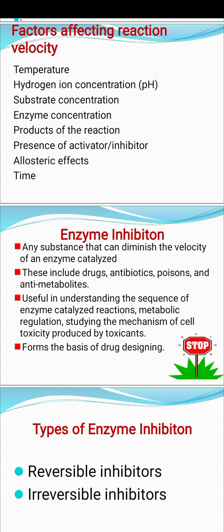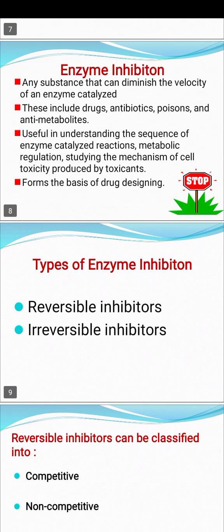Enzyme inhibition provides valuable information on the mechanism of enzyme catalysis, substrate specificity, and the nature of functional groups at the active site. These include drugs, antibiotics, poisons, and antimetabolites. They are useful in understanding the sequence of enzyme-catalyzed reactions and form the basis of drug designing.